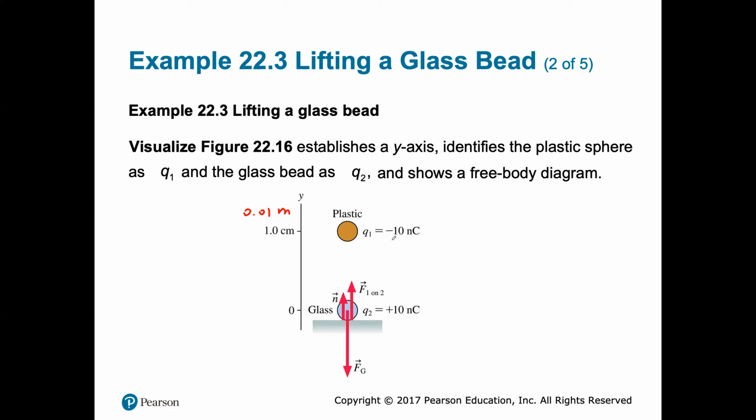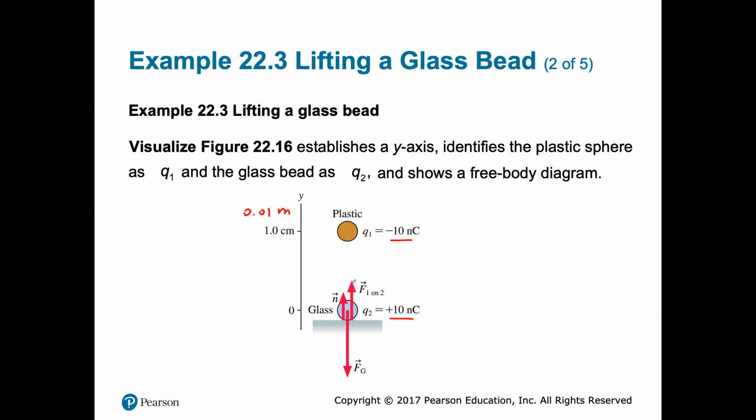And of course, you have the charges here, so you also have a charge for Q2 here. First, let's calculate the force between Q1 and Q2. And then let's calculate the gravitational force on the glass bead. Then let's do a comparison.